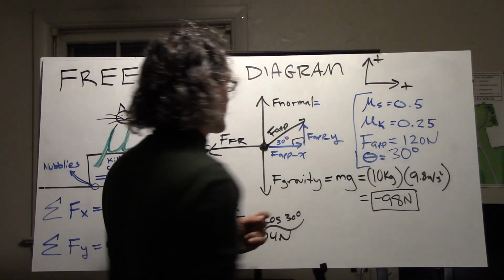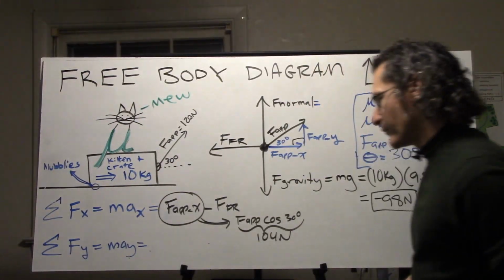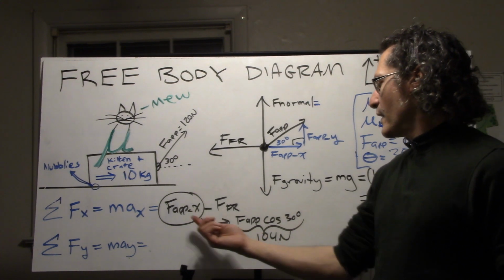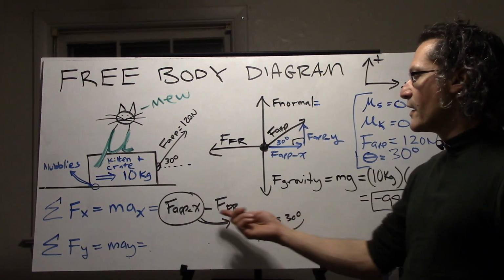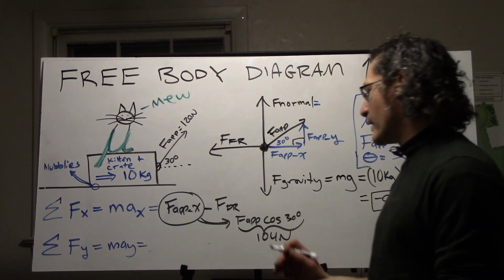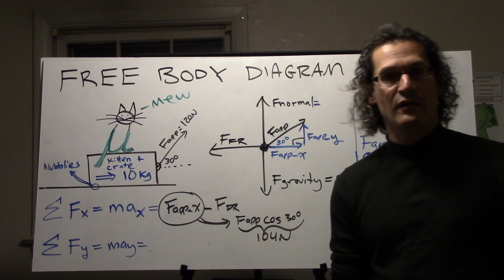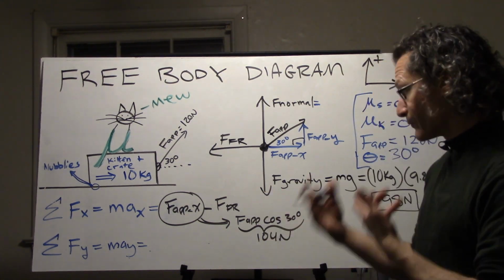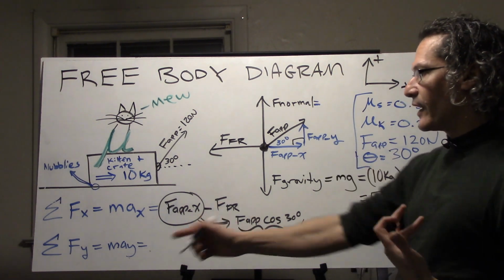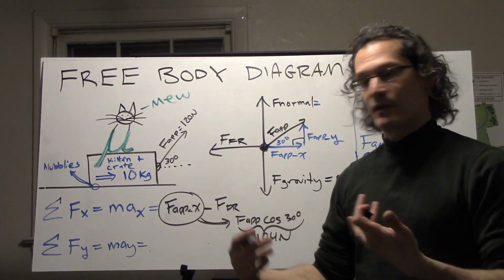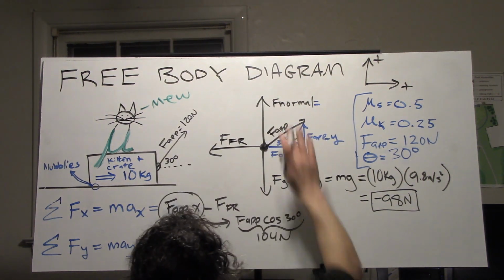I just confused the sides for a moment, but good bookkeeping means that we figured out what our situation is. Okay, force applied cosine of 30 degrees, which is only 104 newtons, minus whatever the force of friction is. And that equals, yes, mass times acceleration in the x direction. So we'll figure out what that is on the next page. Let's go to force in the vertical direction. So we've got the force normal.